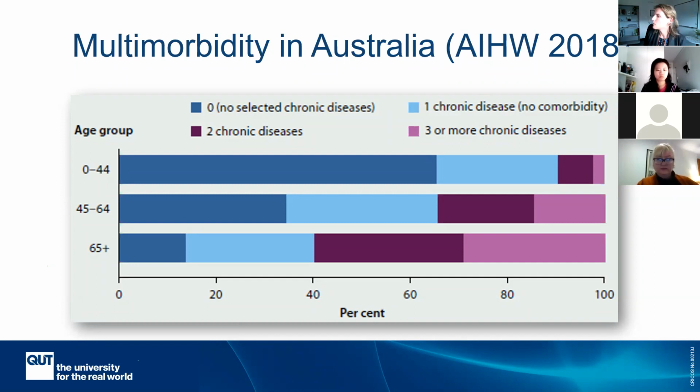As we increase our technologies and get better at treating diseases, I would imagine that pink section on the right would start to get bigger. It's not necessarily a bad thing, but what it means is that we've got people living lives in the context of complex health issues.